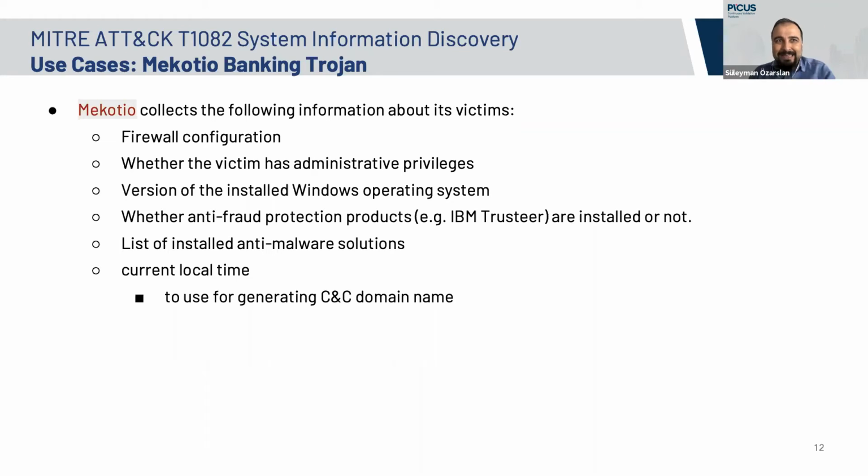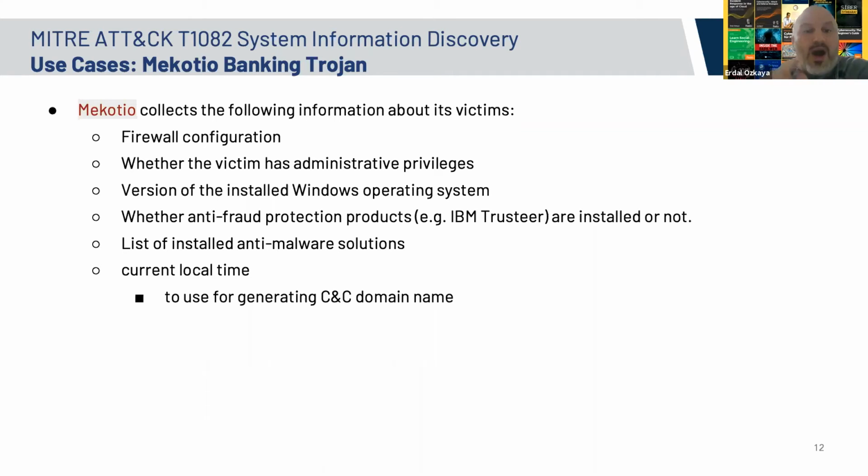So this example also shows that the TTPs are the most important ones, but IP addresses and domain names are useless for preventing some malware like this banking Trojan. What do you think about it?